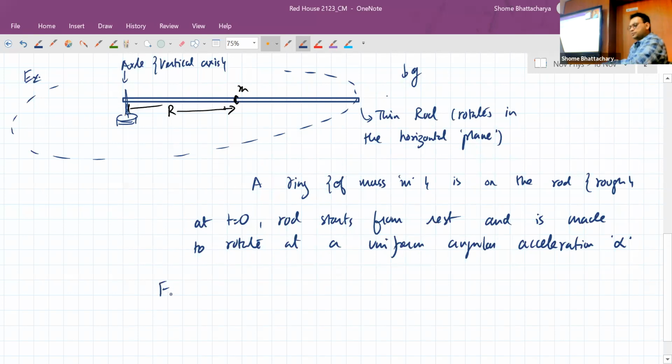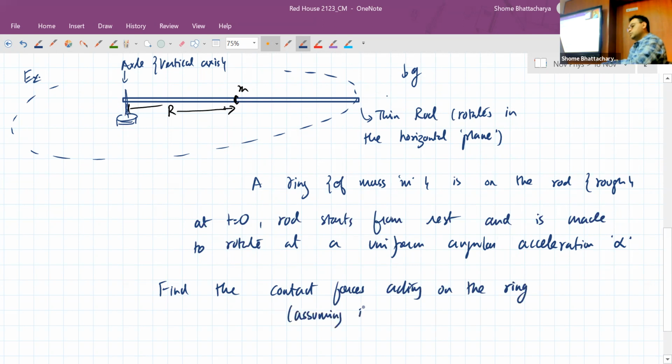We want to find the contact forces acting on the ring, assuming it does not slip on the rod.